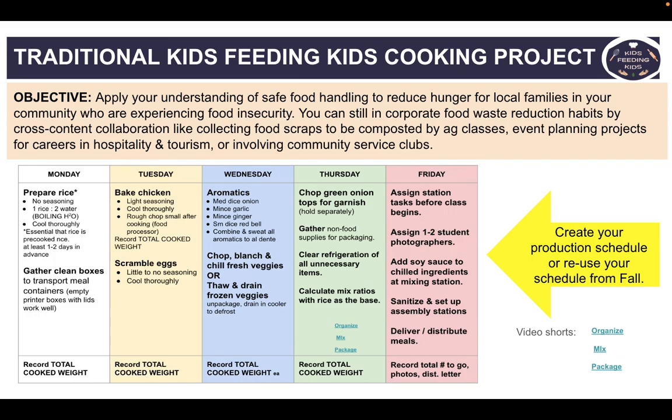That could happen in your hospitality and tourism classes, or just involving your community service clubs in some way. So again, four options. I would strongly encourage you, before you begin teaching the lesson though, to make sure that you know which direction you want to send your kids.